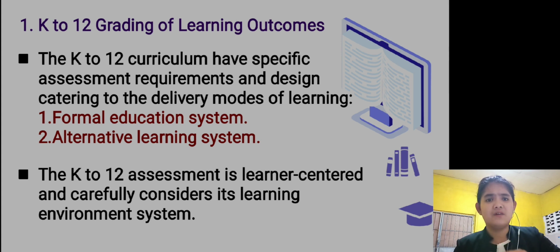While ALS, also called non-formal education, happens outside the classroom, is community based, and the time schedule in ALS is based on student availability. The K to 12 assessment is learner centered and carefully considers its learning environment system. Learner centered assessment methods personalize the learning outcomes by permitting mistakes and allowing students to learn from them.